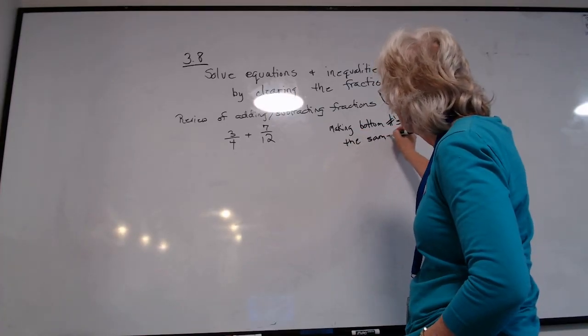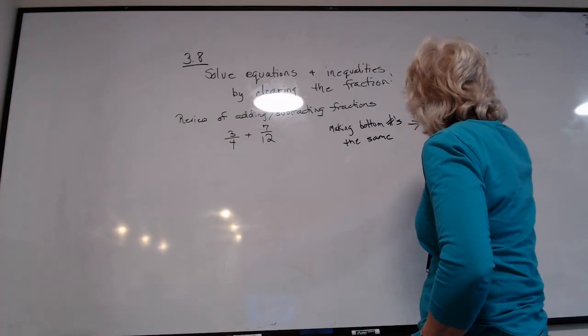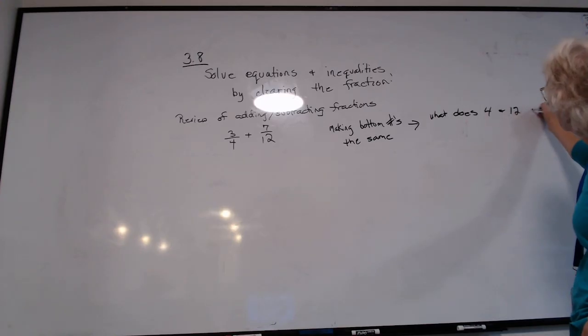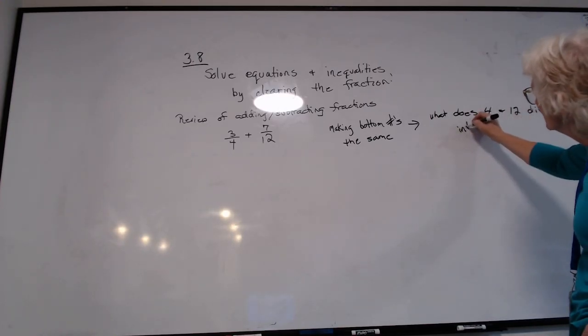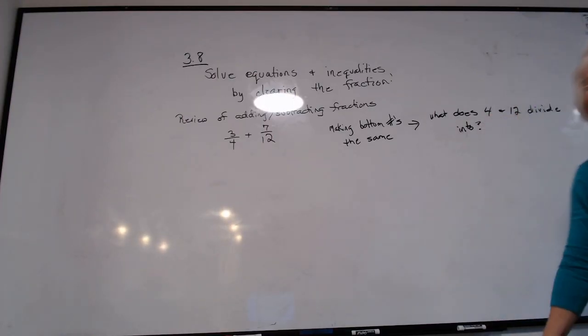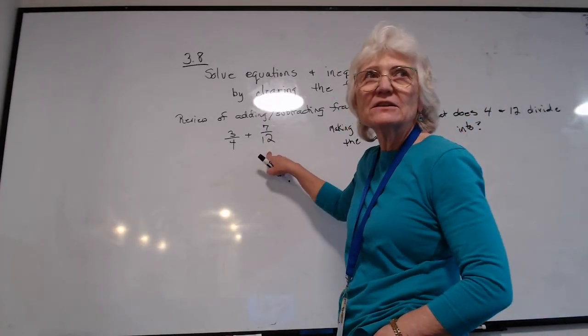And we ask the question, what do 4 and 12 both divide into, okay? So what number would you use as a common denominator here? 12, because both 4 and 12 divide into 12.